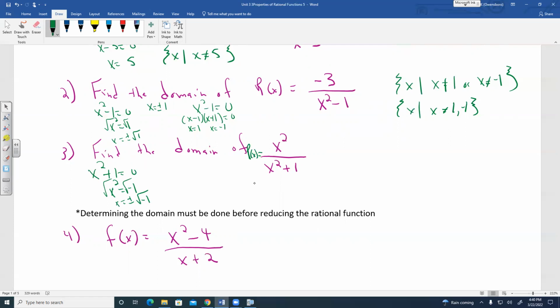And remember, when there's a negative inside the radical, a -1 inside the radical, that gets replaced by an i squared. So remember the imaginary unit i, we said i squared equals this -1. So this really becomes x equals plus or minus the square root of i squared. In other words, this is going to be plus or minus i. Now, right now, our domain, we're talking about real values.